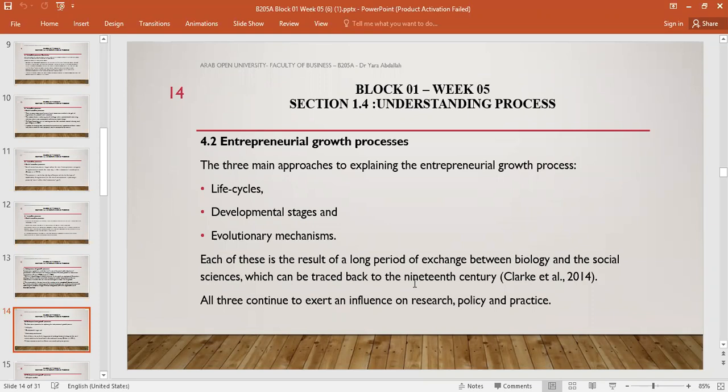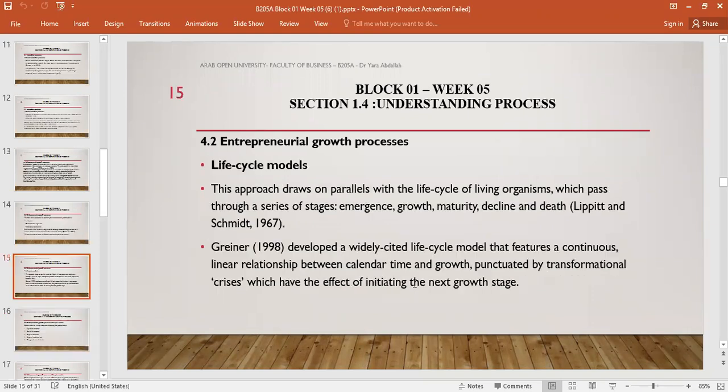Okay. I'm going to mention the models, then I'm going to describe each one in deep details. First, the life cycle model. The second model is the developmental stages model. The last model is the evolutionary mechanism. We are going to start with the life cycle models.